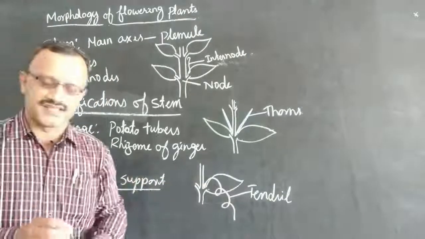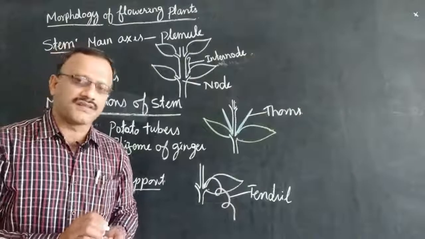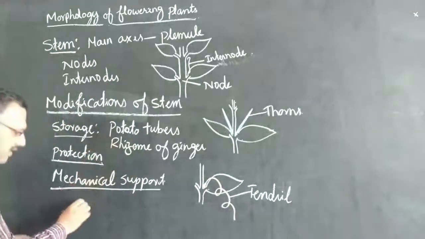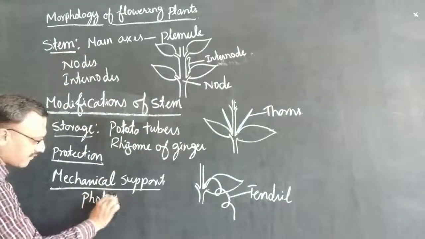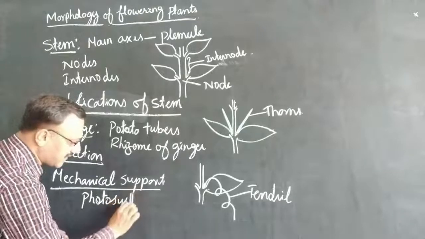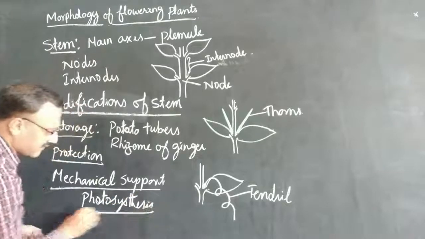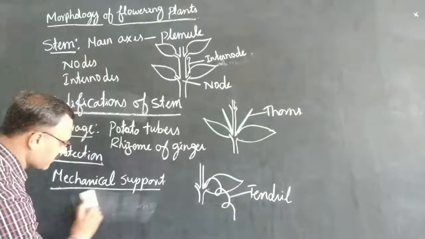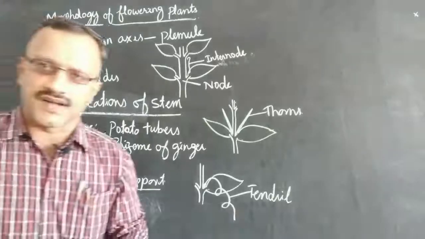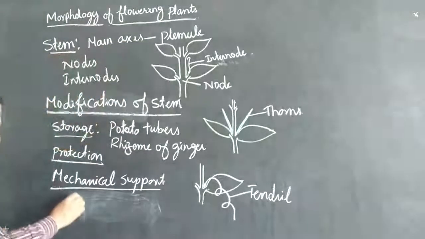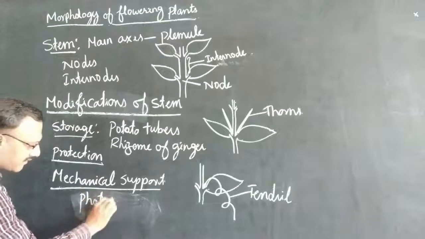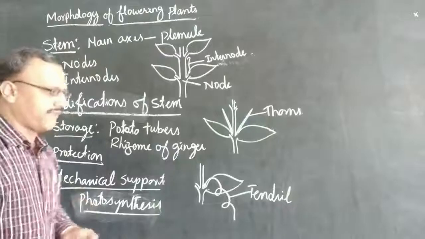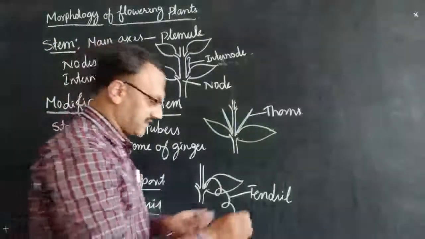Apart from that, in some of the plants, the stem is involved in photosynthesis, like in the case of opuntia, cactus.